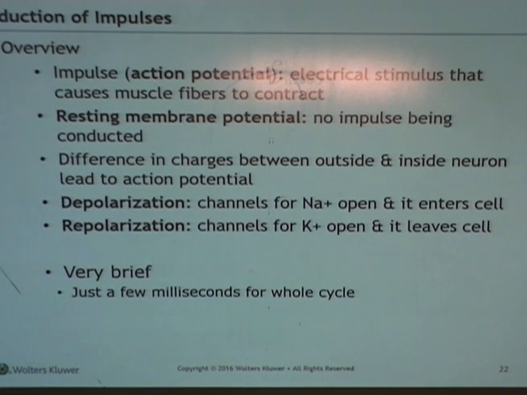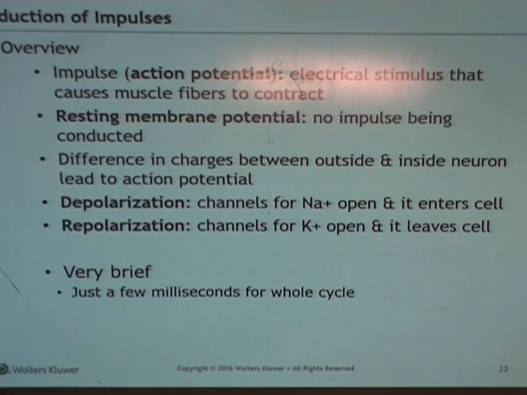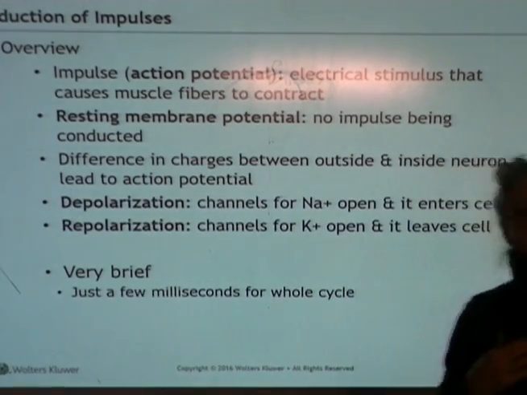So it's just like if you stuck a voltmeter into a plug hole, you'd get an electrical reading, in millivolts. If you stuck a voltmeter into the nerve and the nerve was transmitting a signal, you'd see a change in the electrical signal, the level. All right, so we have a resting membrane potential when the nerve isn't carrying the signal, and then we see a change in that resting membrane potential as the signal travels down the axon.